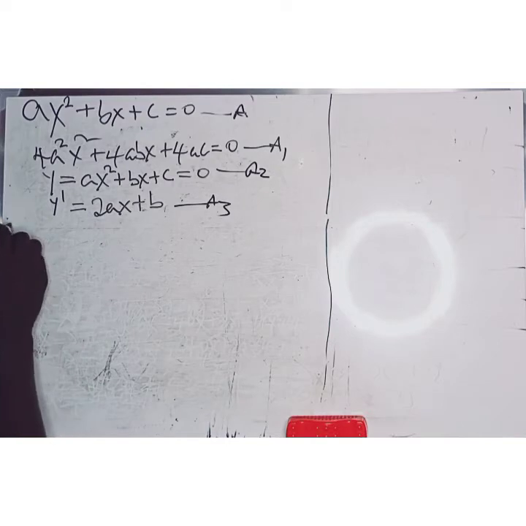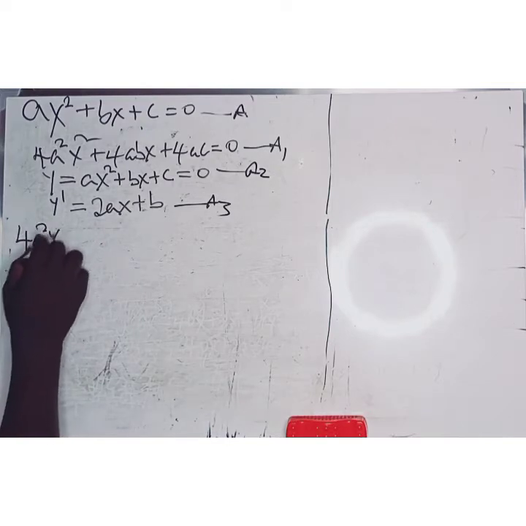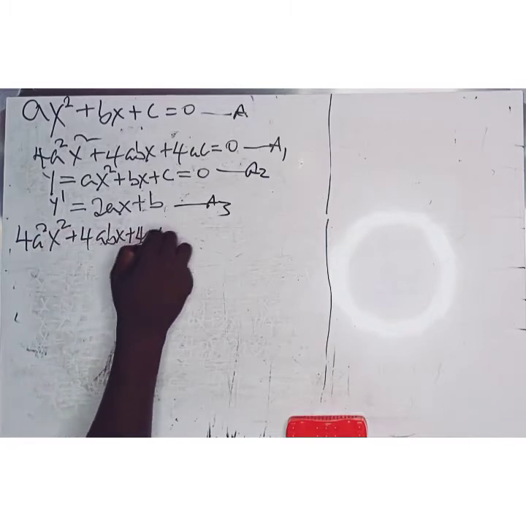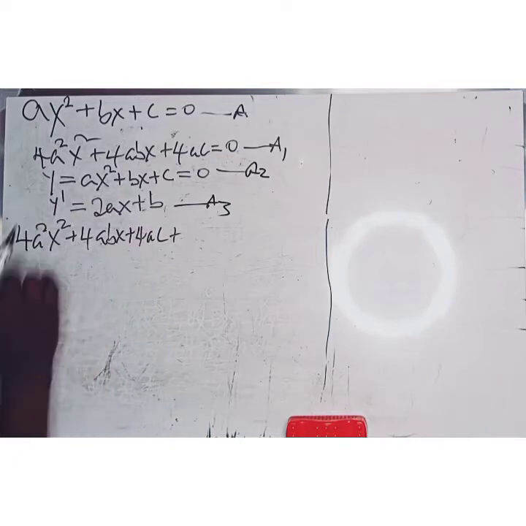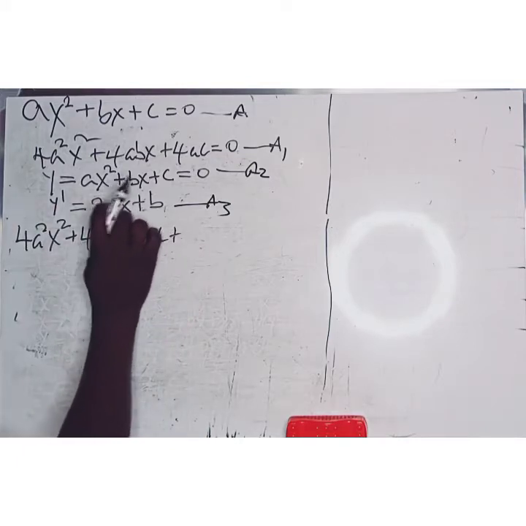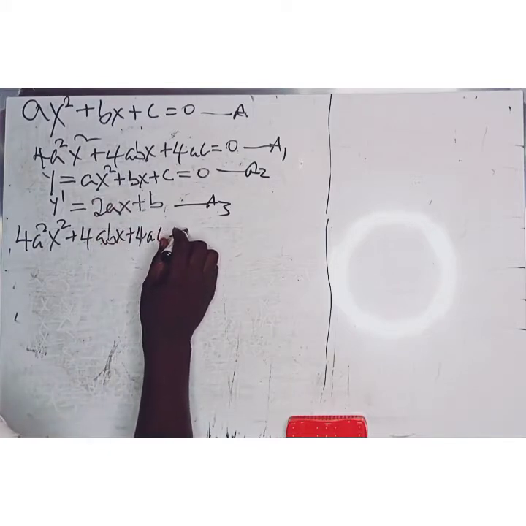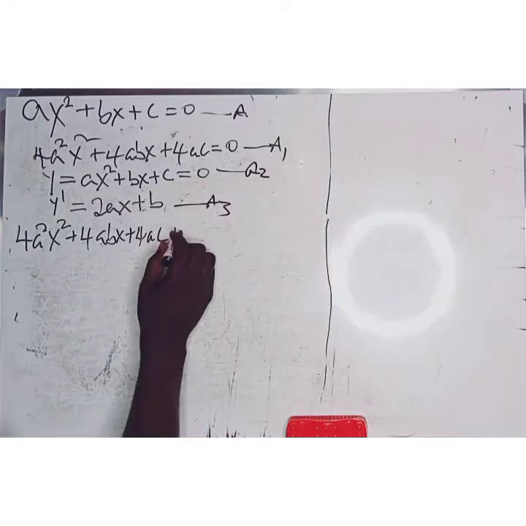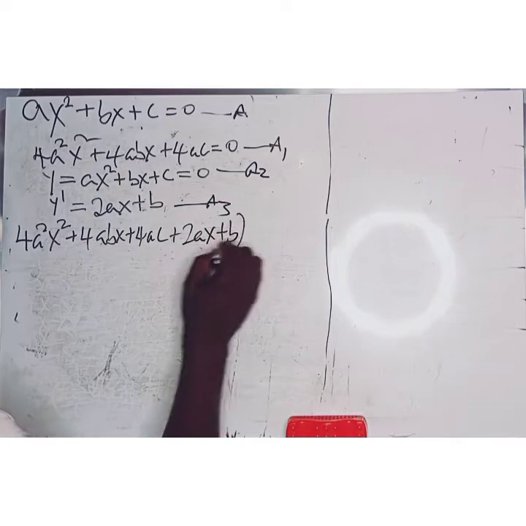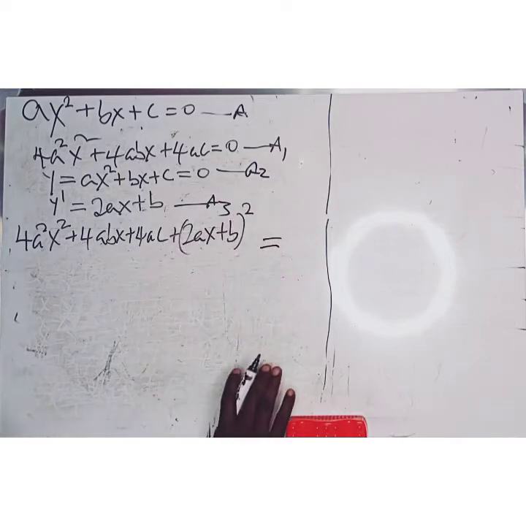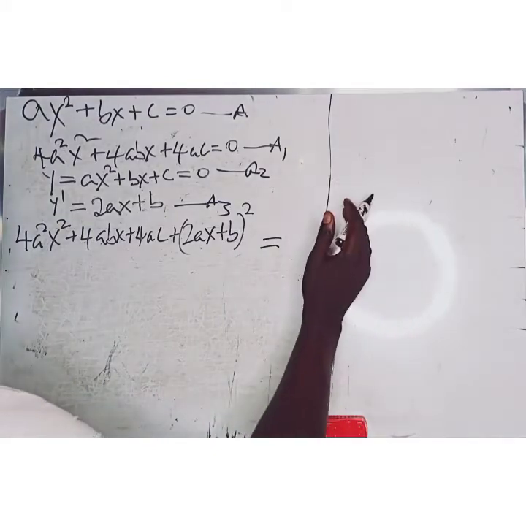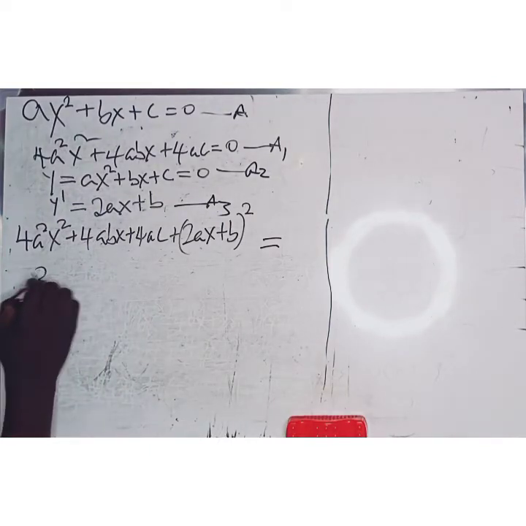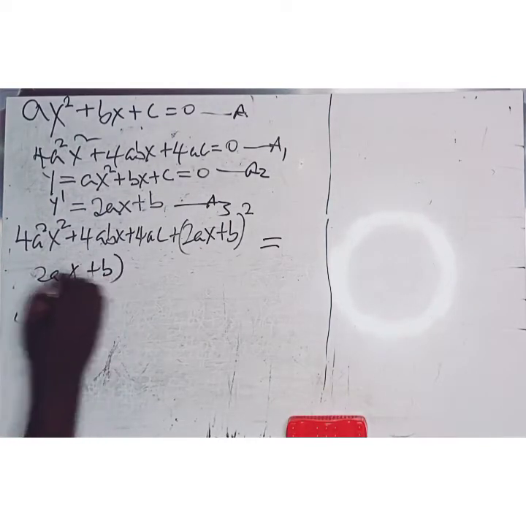If I square that, I will have 4a squared x squared plus 4abx plus 4ac, then plus the square of this, which is 2ax plus b all squared, equal to 2ax plus b all squared.